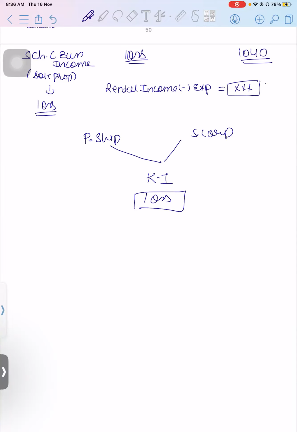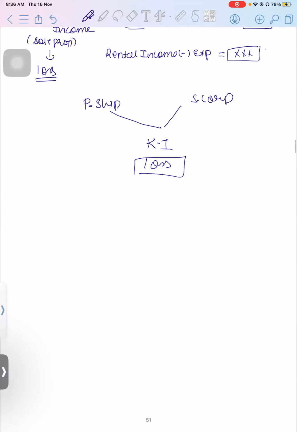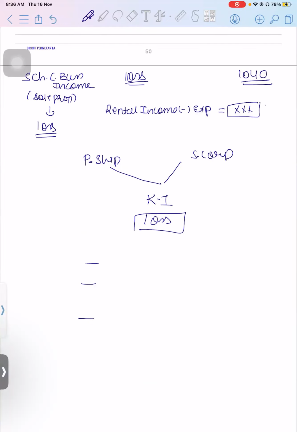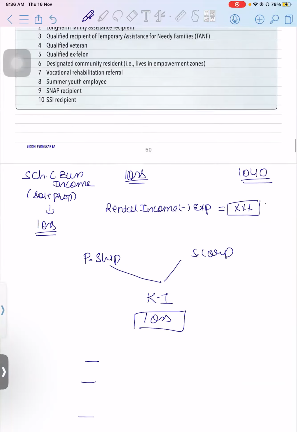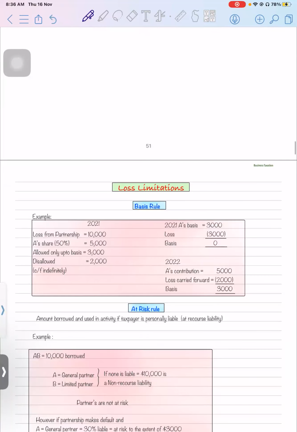So, what this loss limitation is going to tell us about is how the sequence will be there to set off the loss. Which loss we should give the first preference and the remaining loss will get carried forward. Okay, this is what we are going to understand in this whole chapter.